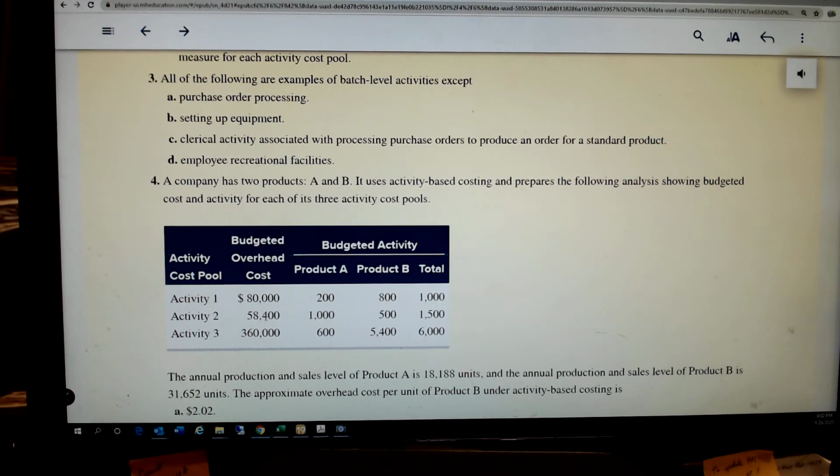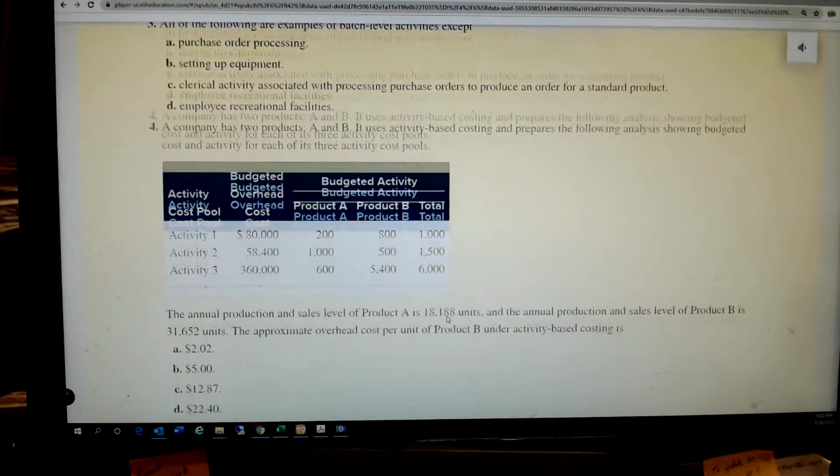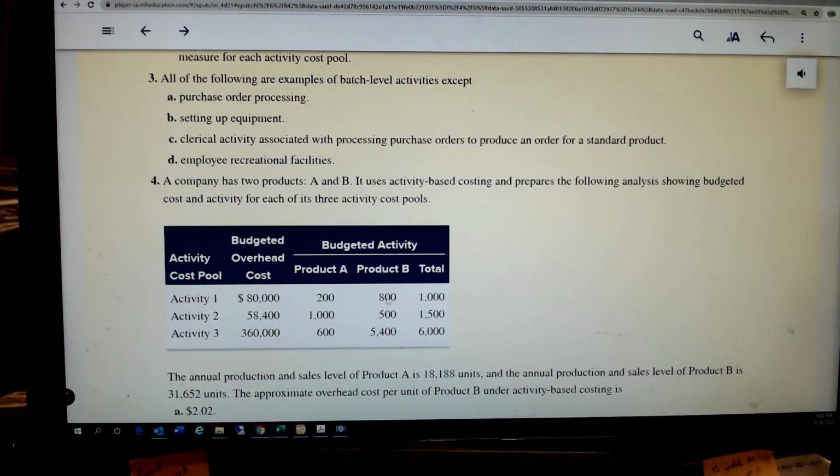Activity 2 could be based on machine hours, of which 1,000 machine hours is going to be used in A and 500 for B, for a grand total. So they've determined how we're going to measure how much a product utilizes each activity. And they didn't define how they're doing it, but they did say there's going to be 1,000 of them in activity 1, 1,500 in activity 2, and 6,000 in activity 3.